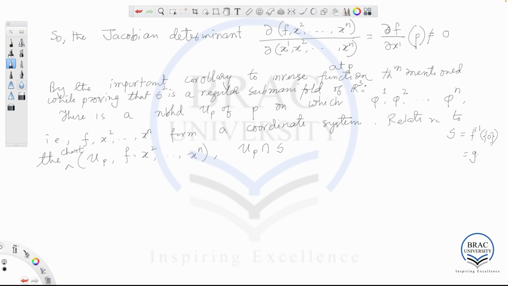Which is the same as the regular level set of G of level C, right? Good. So U sub P intersected with S is defined by the vanishing of the first coordinate F.